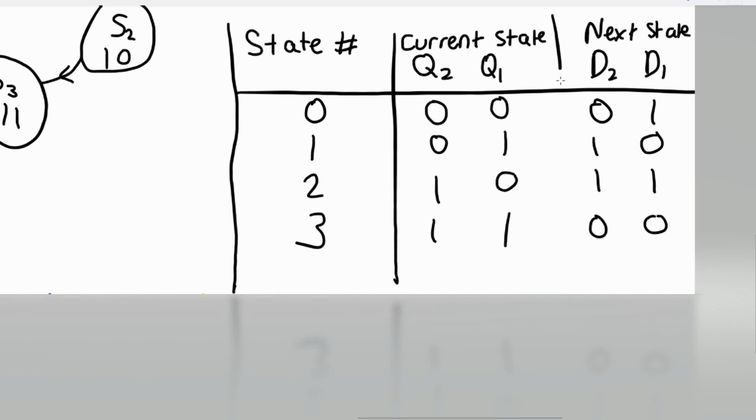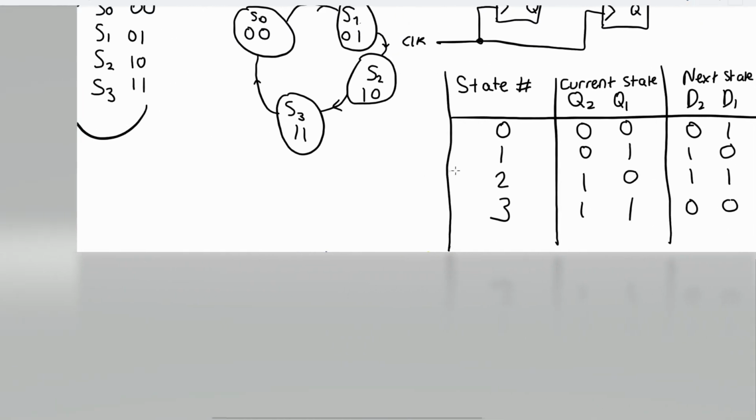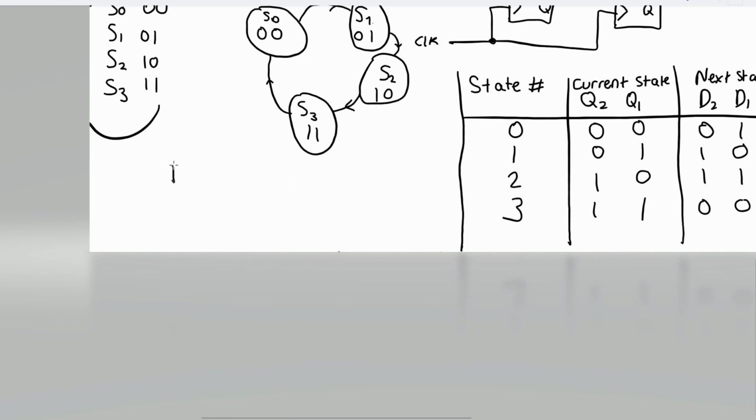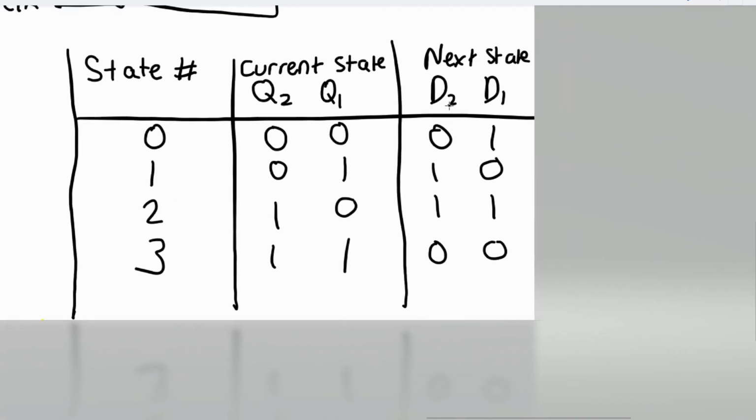Now we are going to find out the logic for D2 and D1. And the way you do that, it's just a simple truth table.